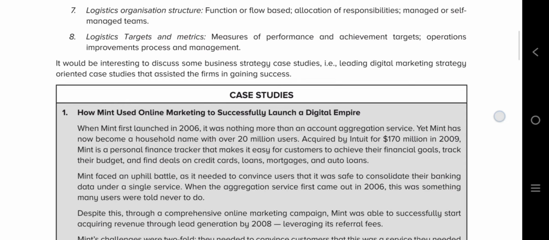Flexible response: when a company makes required changes in its production plans in accordance with the emerging changes in the market. Here the focus is to give a regular supply of goods to the customers, and there must not be any shortage of goods in the market, and the company must follow a strict production schedule.